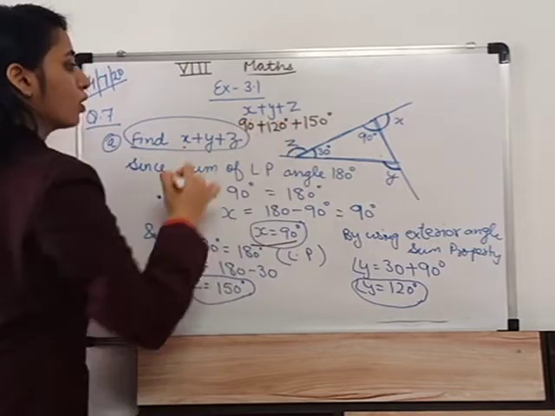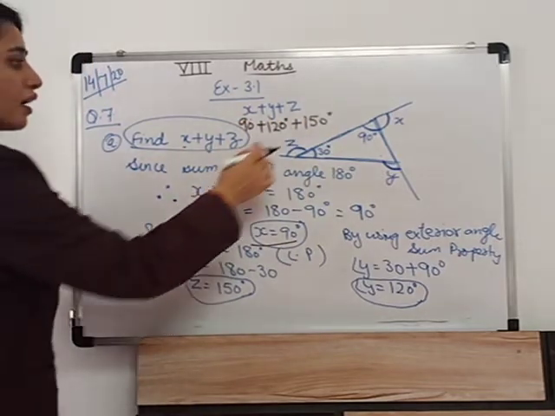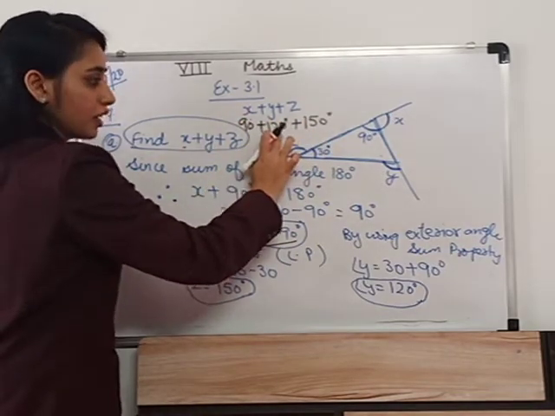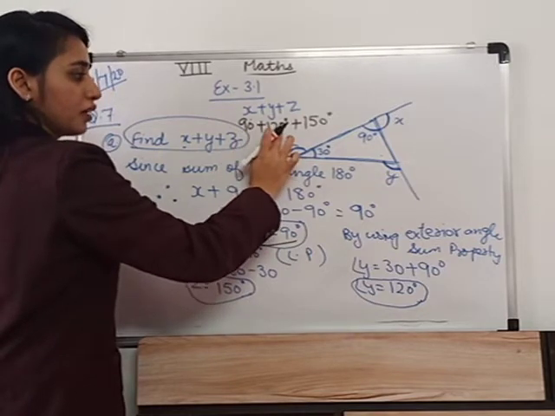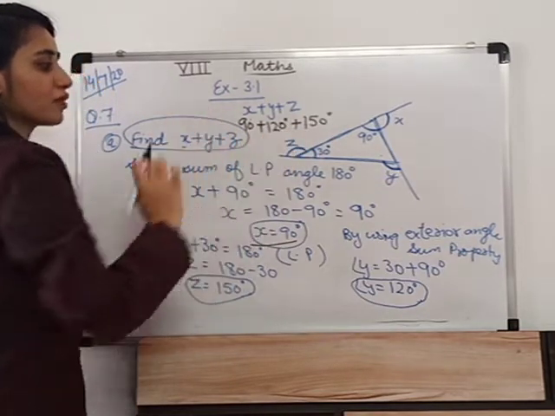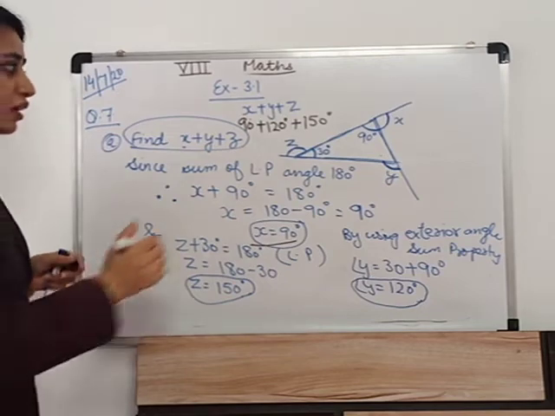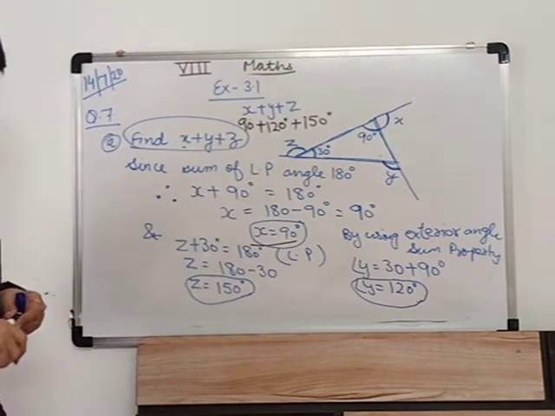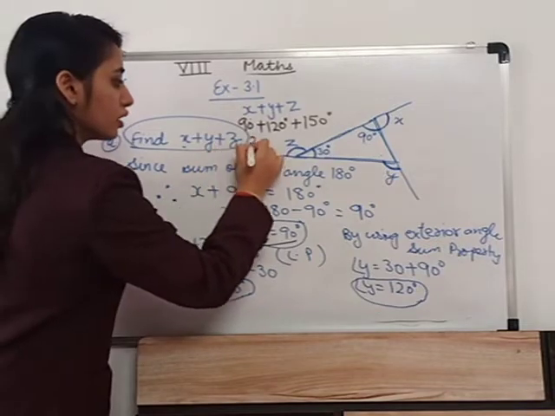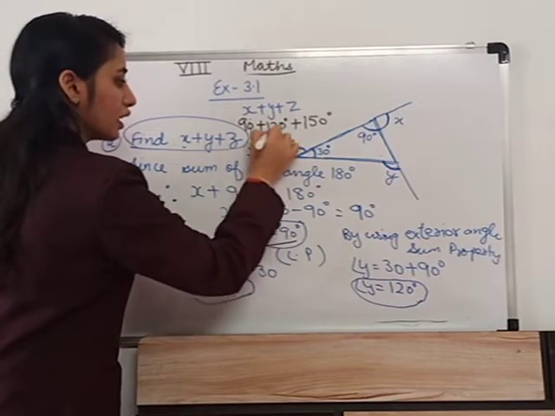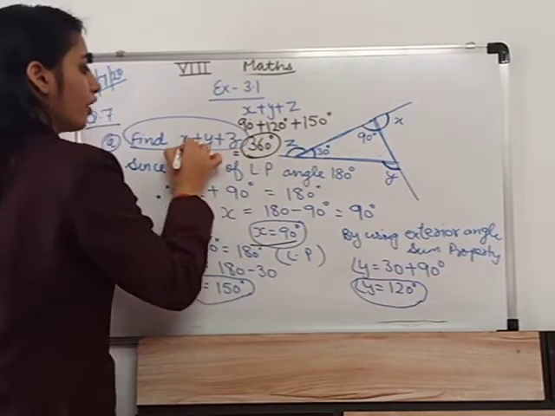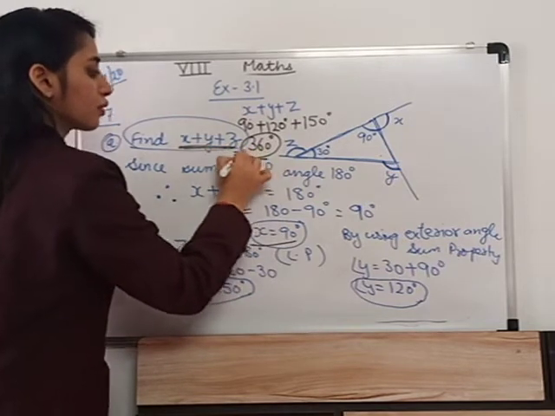By adding all these, 90 plus 150 is 240, plus 120 is 360 degree, meaning the value of x plus y plus z is equal to 360.